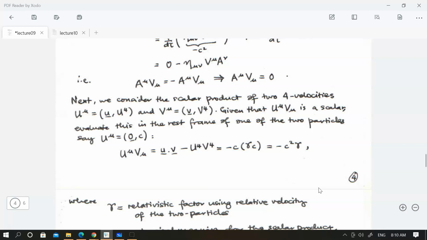One would like to see the meaning of a contraction between these two 4 velocities.